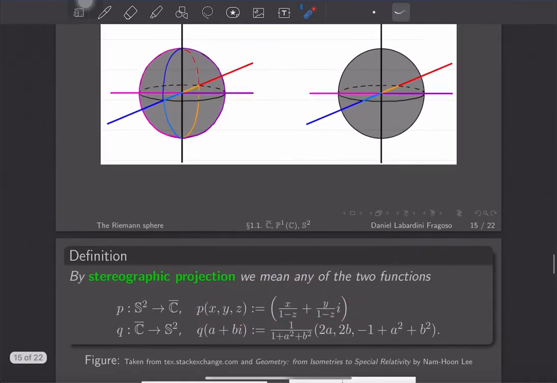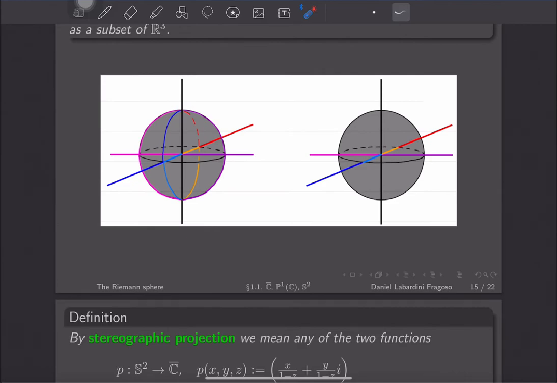And if you want to go the other way around, if you take one straight line through the North Pole and you want to see which point in the sphere corresponds to this point, you realize the same thing. So this vector in R3 is a non-zero multiple of this other vector in R3.